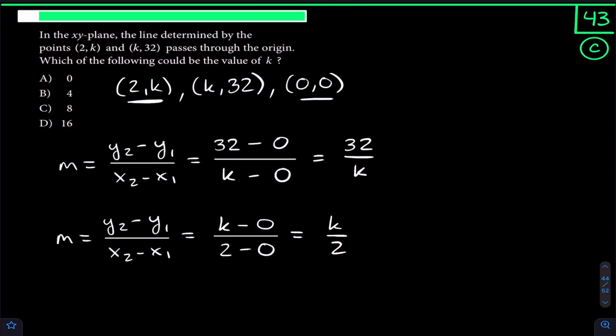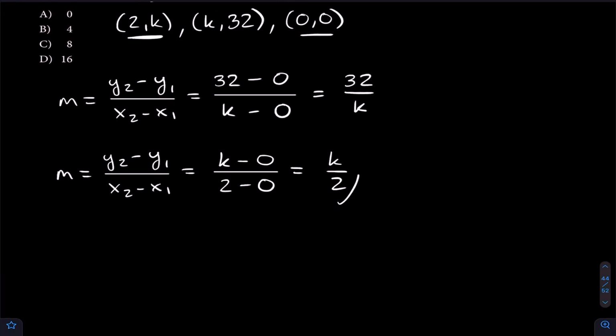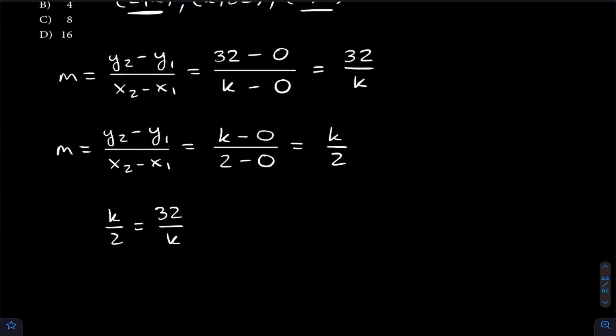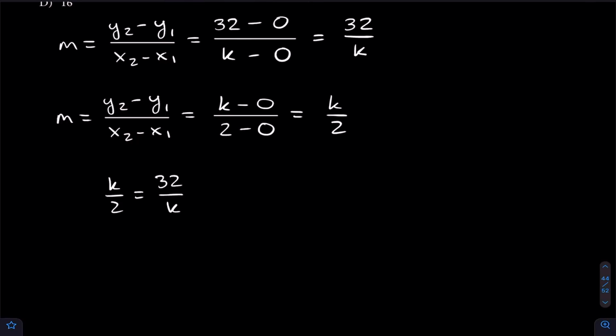And now remember what we were talking about. These 2 slopes, they are of the same line. Lines aren't going to have different slopes like that. If we're talking about one line, then the slope is k over 2, and it's also 32 over k. That means that k over 2 is equal to 32 over k. And so what we can do to solve for that, just cross multiply.